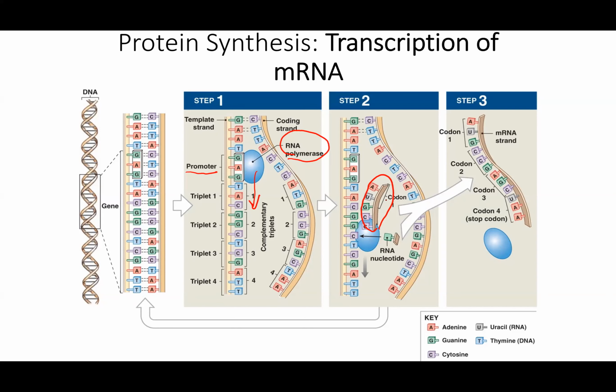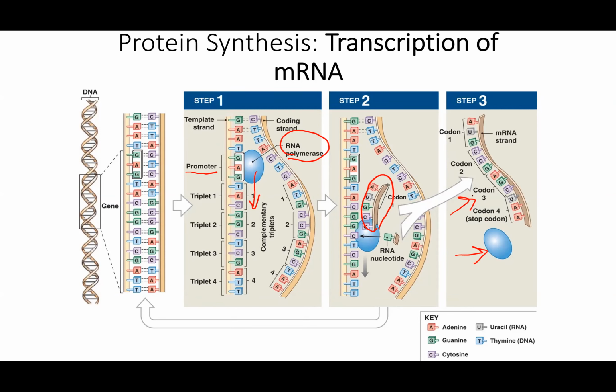Once the RNA polymerase has reached the stop codon, it dissociates and releases that newly formed mRNA strand. Again, important to remember that thymine is replaced by uracil in RNA molecules.